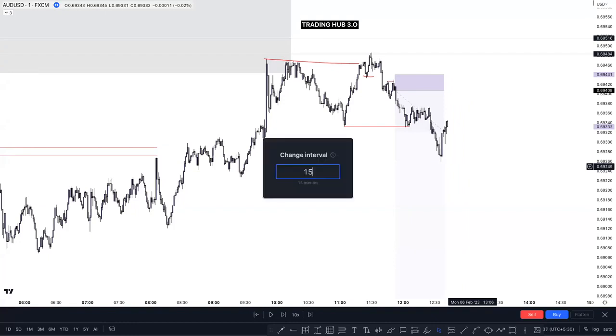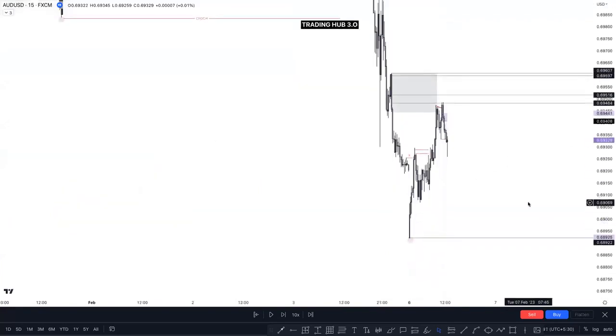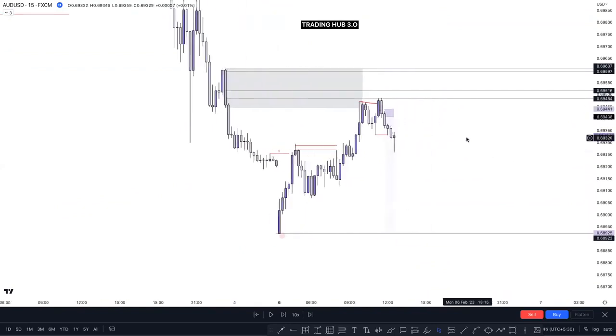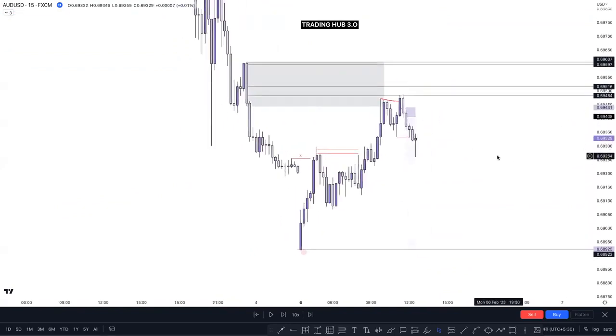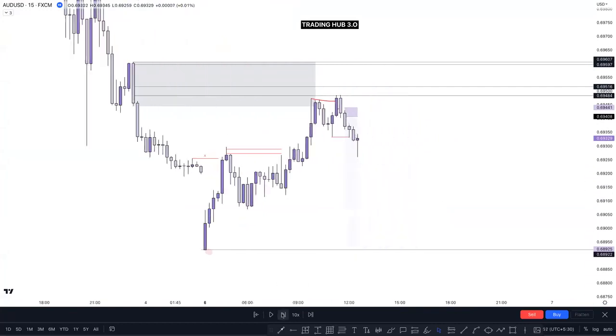And you can take entry based on a previous candle's high-low sweep, as I mentioned recently, right? So right now there is no candlestick sweep here, so you have to wait for confirmation. So let's see what is happening here.